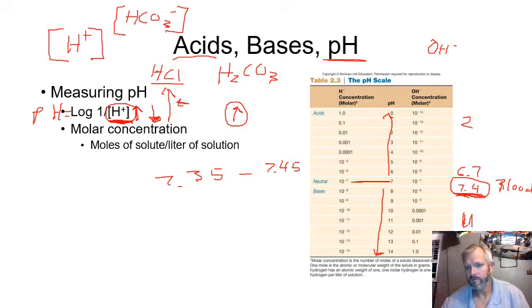You start getting above this number or below this number, and your body might start having problems. When you get too far, you start having organ failure. So this is a tightly regulated variable, this pH in the blood.